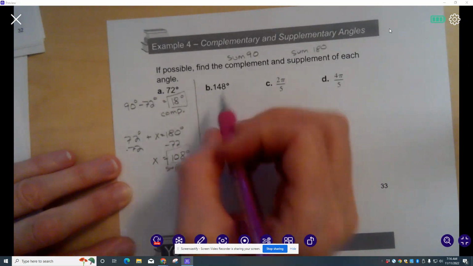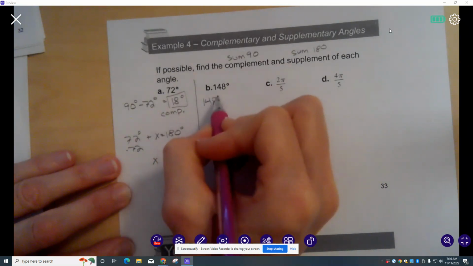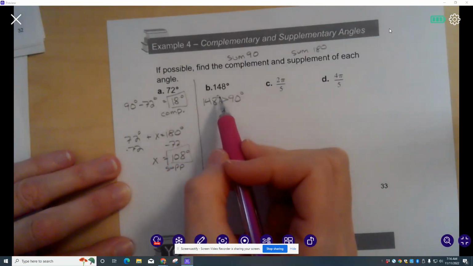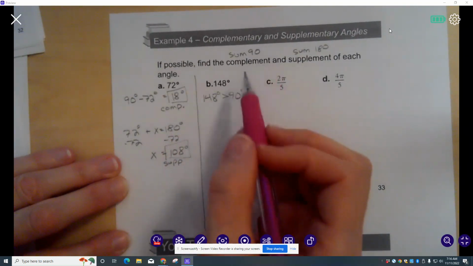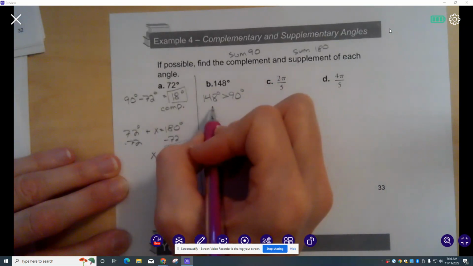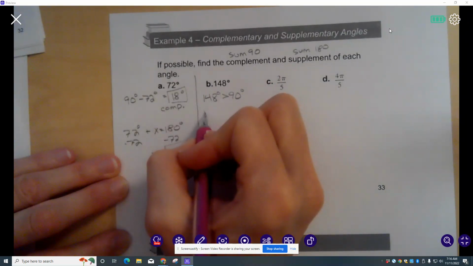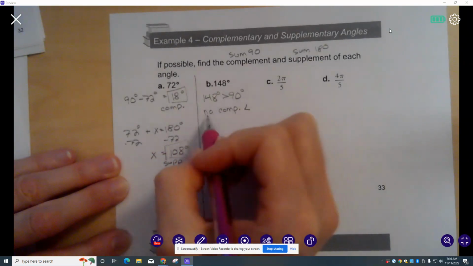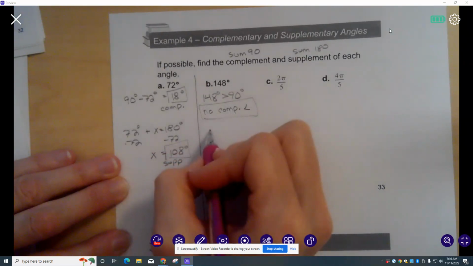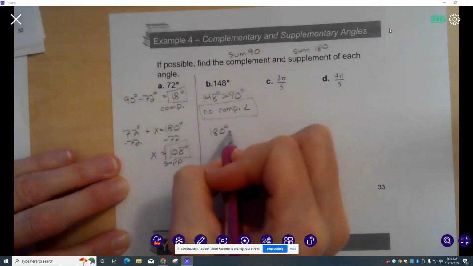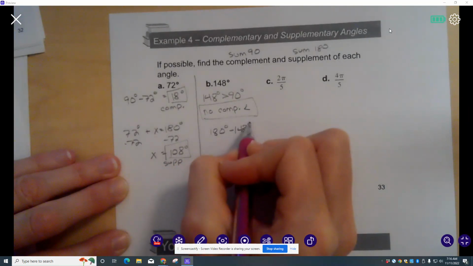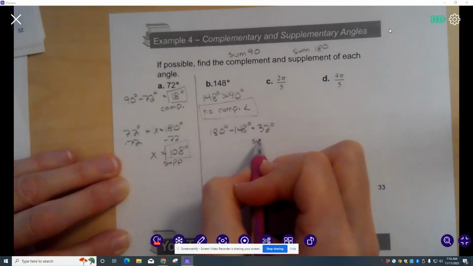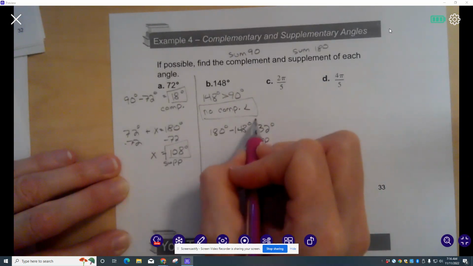Well, this 148 is greater than 90 degrees. So I can't add anything to 148 and get a sum of 90. So this has no complementary angle. Supplementary, I can do 180 degrees minus 148 degrees, and I get 32 degrees is my supplementary angle.